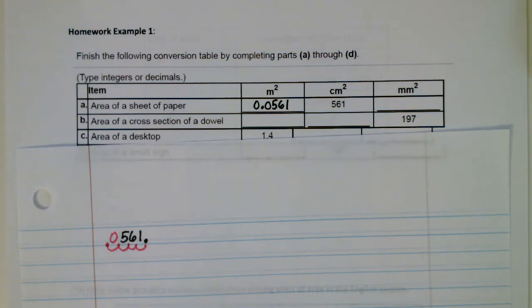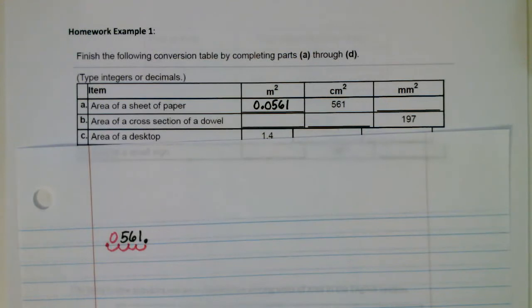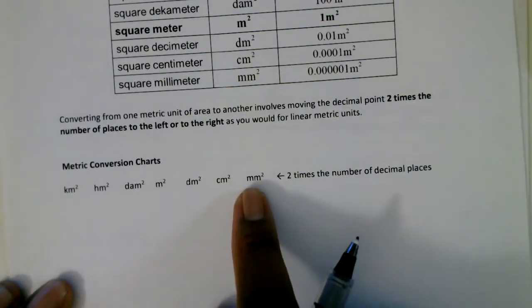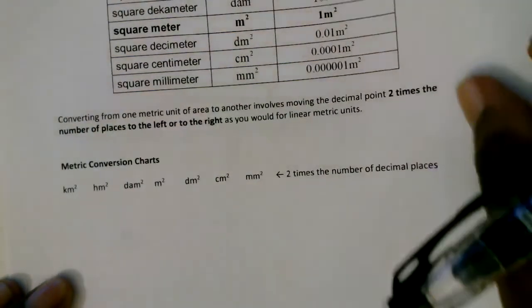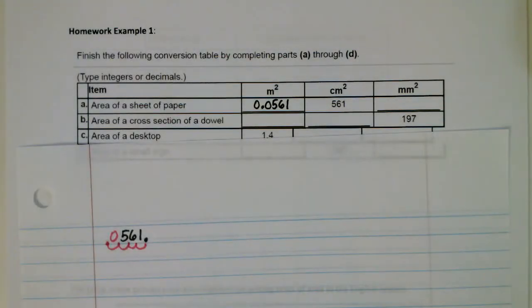And then next, we want to convert to square millimeters. If we go from centimeters to millimeters, normally we move the decimal point one place to the right, but we're dealing with square metric units, so now it's got to be 2 times 1, or 2 places to the right.